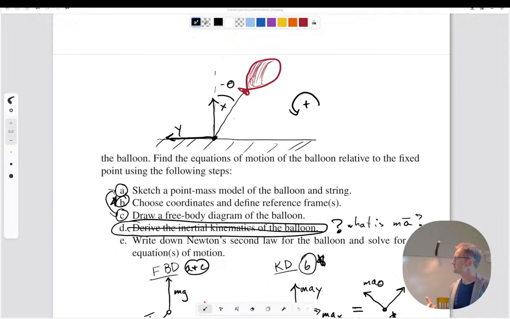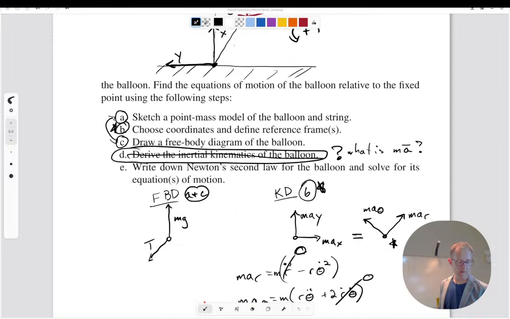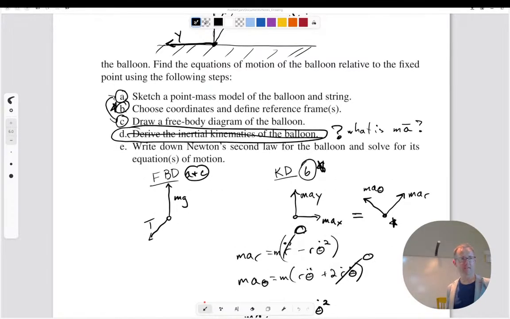But yeah, once we have that equation of motion, now we can think about things like, will this balloon ever stop moving? Did we account for drag or friction?